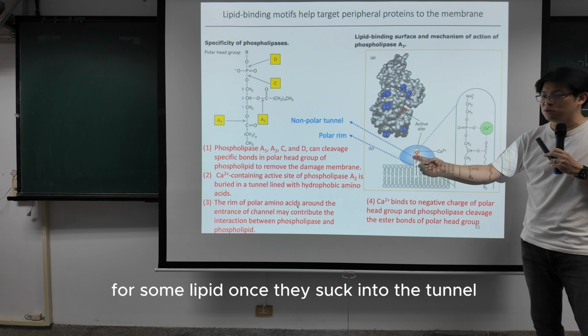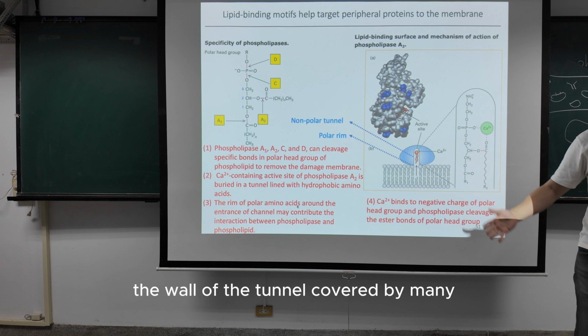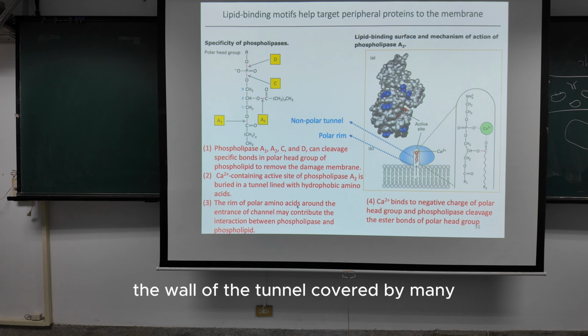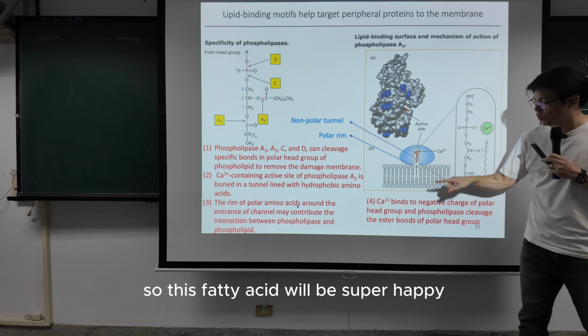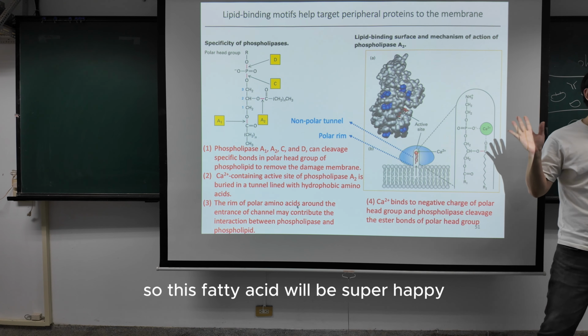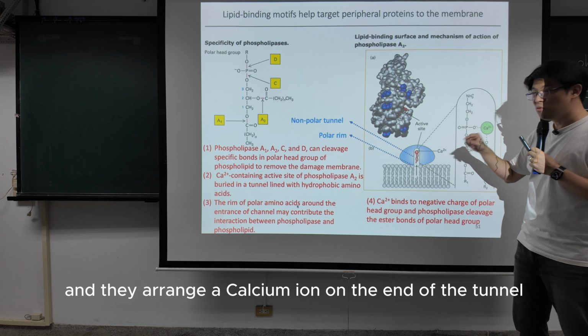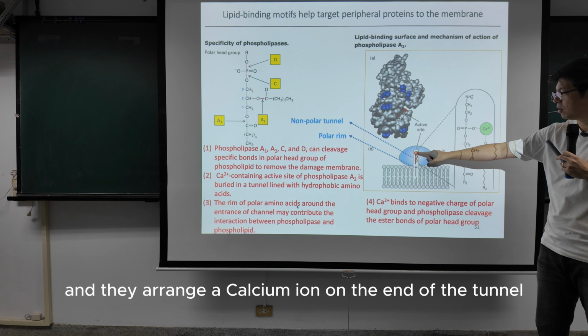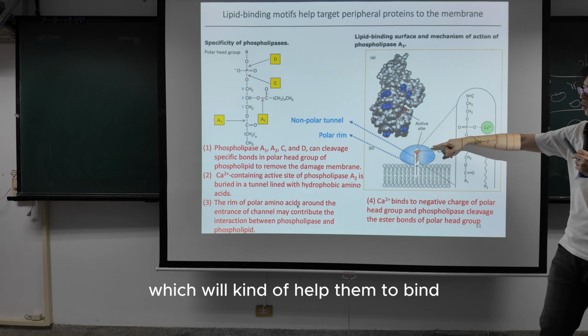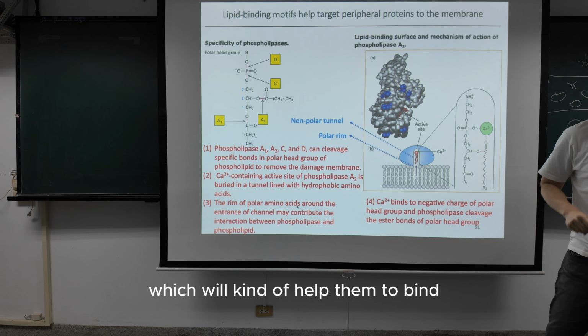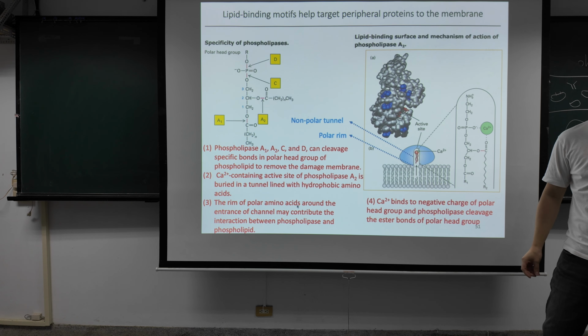Once they suck it into the tunnel, the wall of the tunnel is covered by many non-polar amino acids. So this fatty acid will be super happy aligned with those walls, okay? And they arrange a calcium ion at the end of the tunnel, which helps them bind with the polar head.